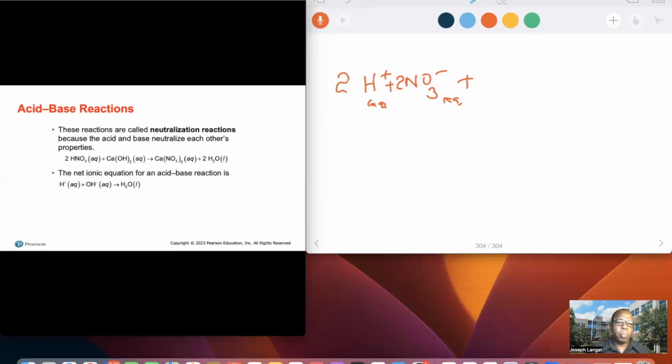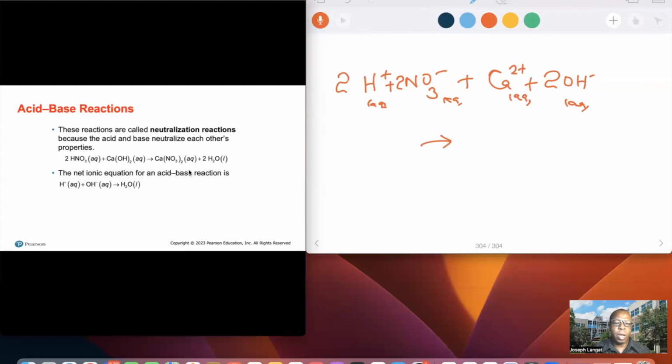plus, I'll split this one too into calcium ion aqueous plus 2. The subscript changes to a coefficient: 2 moles of hydroxide, aqueous.